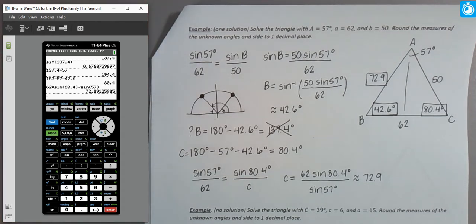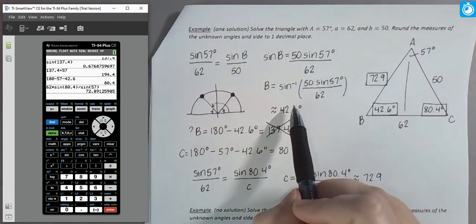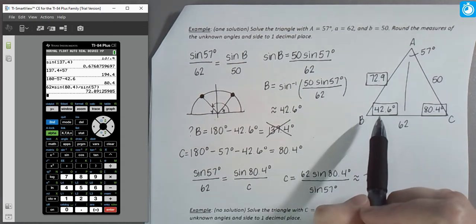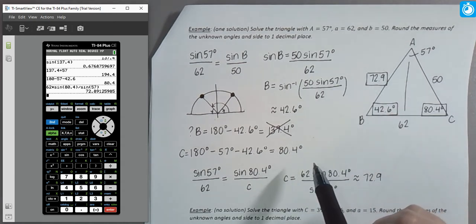Now, one thing to keep in mind here that's a little bit different, in addition to this issue of using the inverse sine to solve for an angle, because we had to round the value for this angle, additional rounding occurred and propagated throughout the problem. So we rounded angle B, and then we had to use that rounded value in other locations in the problem.